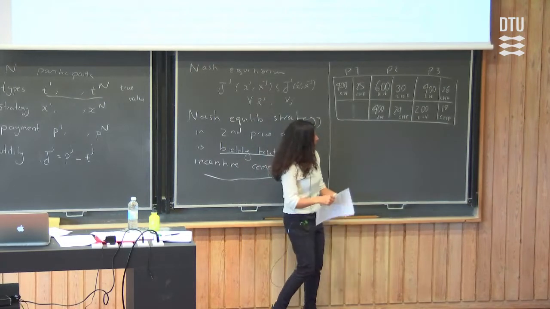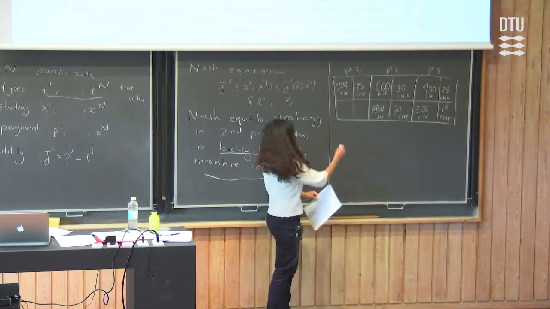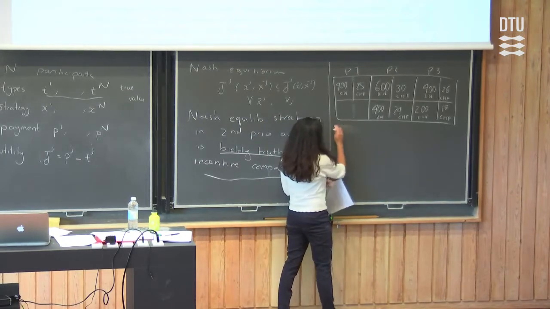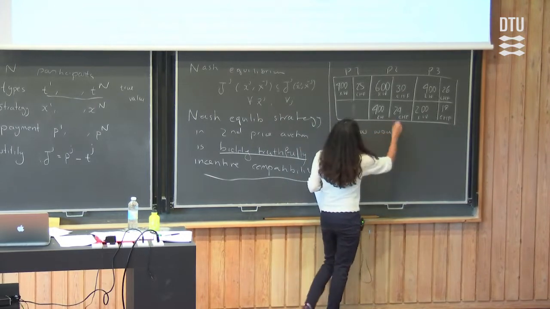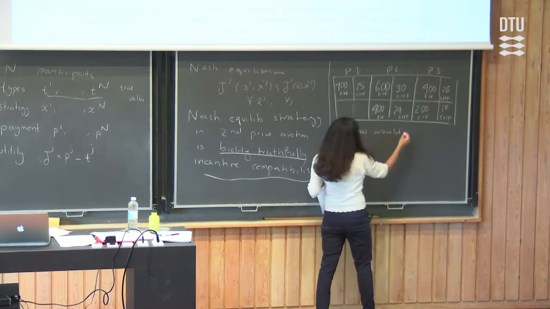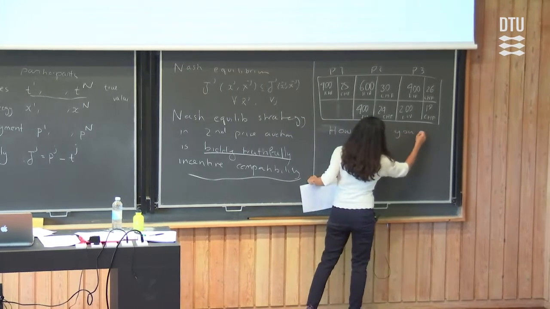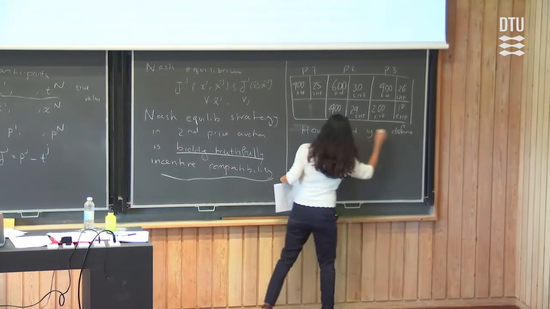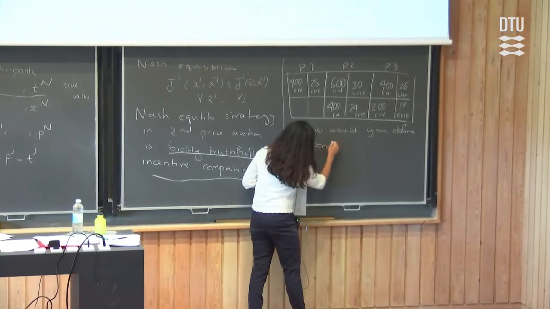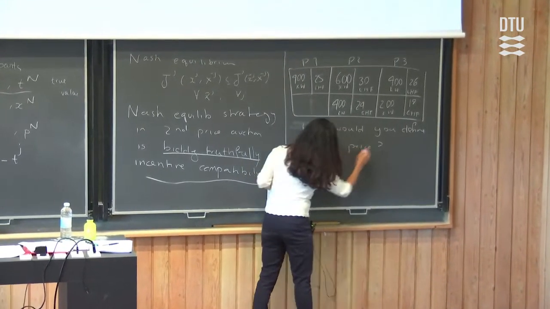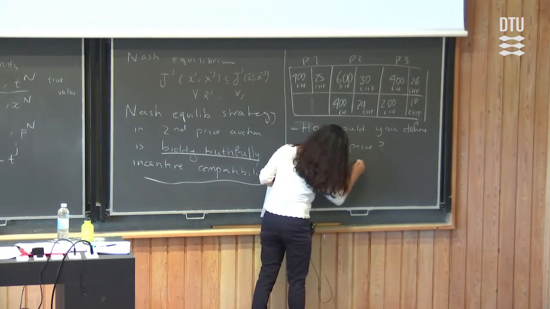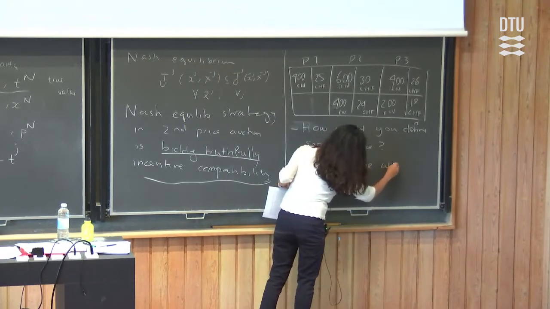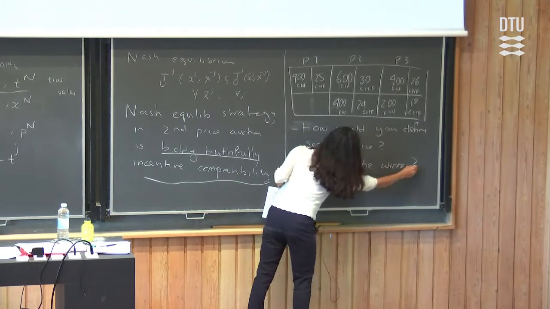And so how would you define the second price? You want to purchase 800 as a system operator. How would you define second price in this case? Who is the winner? Maybe the second question is easier to answer. Who is the winner, and what payment should we give them?